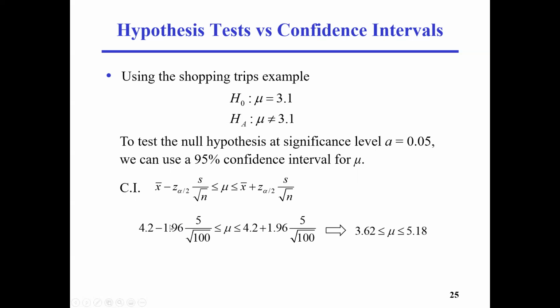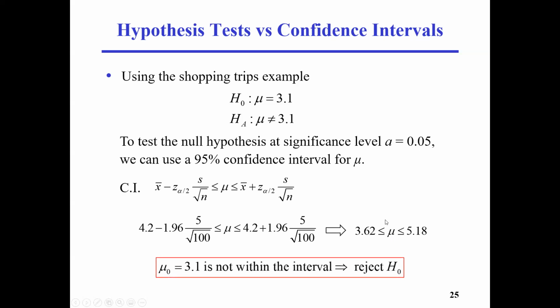Let's make it more specific. When alpha is equal to 0.05, the 95% confidence interval is between 3.62 and 5.18. This is the interval you get from estimation.